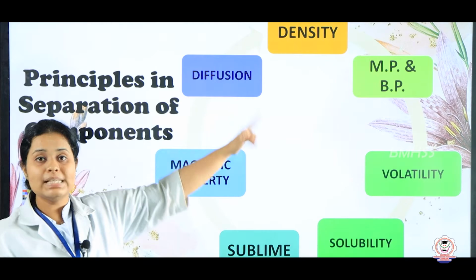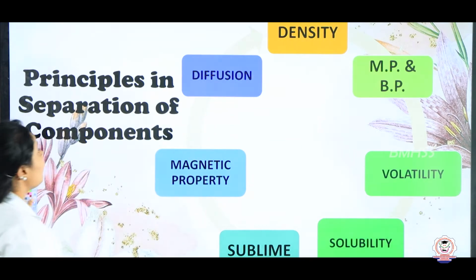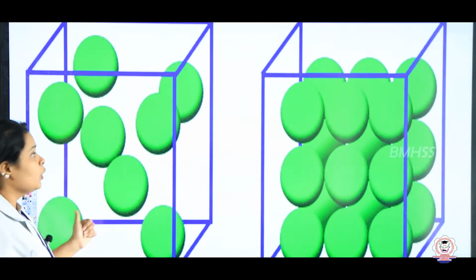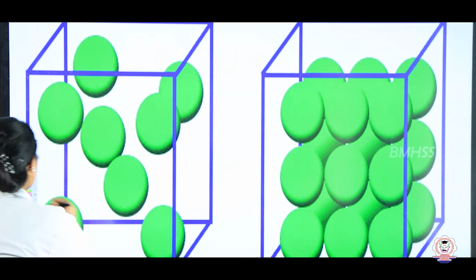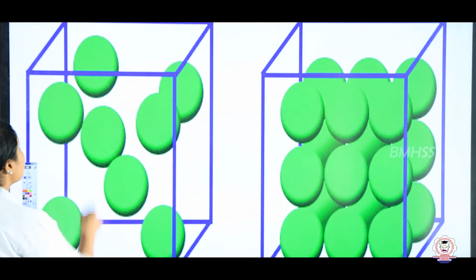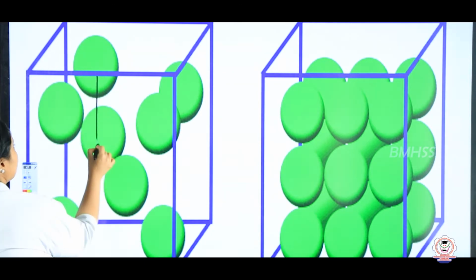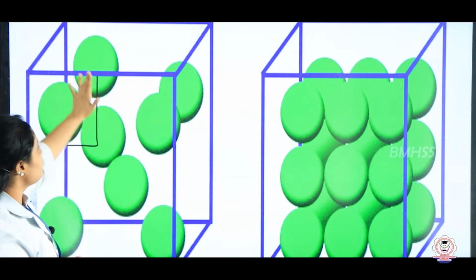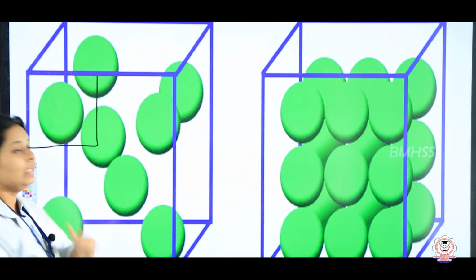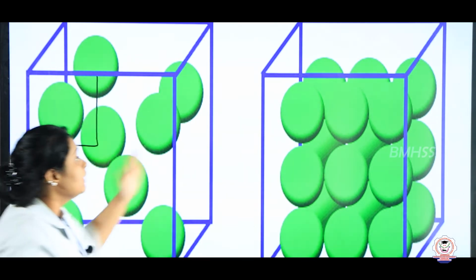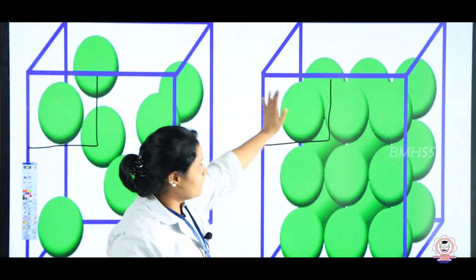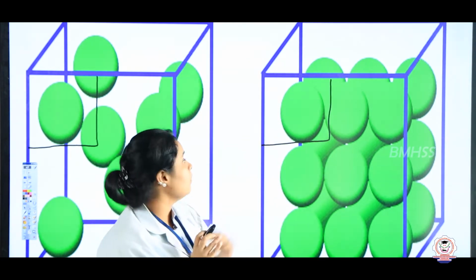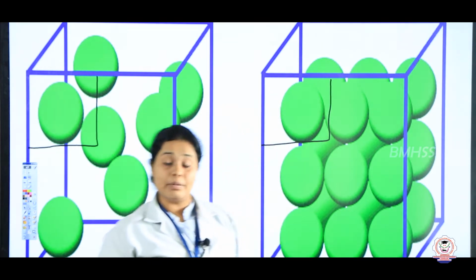So the first principle is density. When you are taking the density, you just compare these two places or these two blocks. Here you will see one thing, that in this particular space there is only one atom present, right? Same way, if you are comparing this front side, there is one atom, and back side also there is one atom, right?